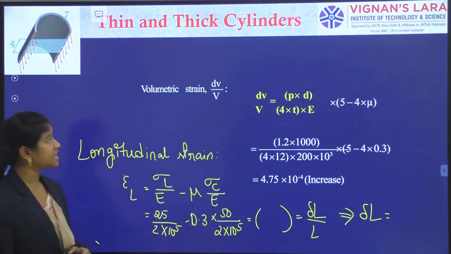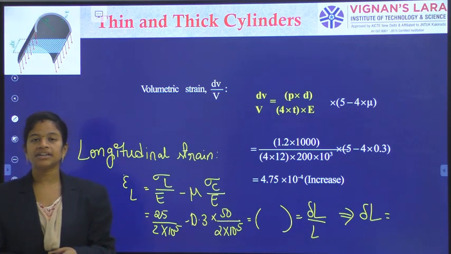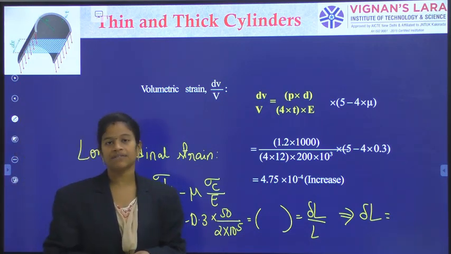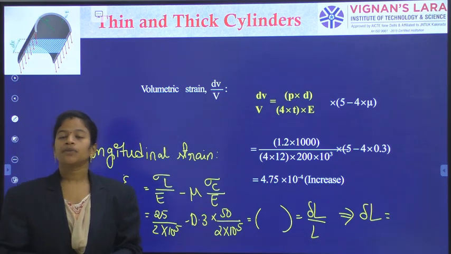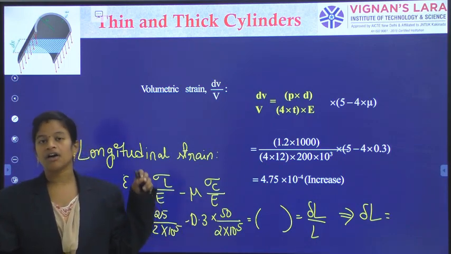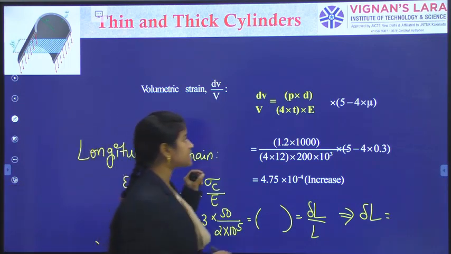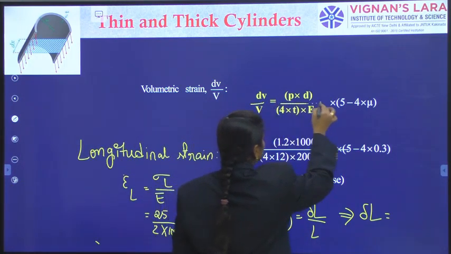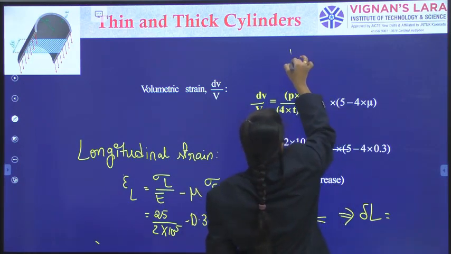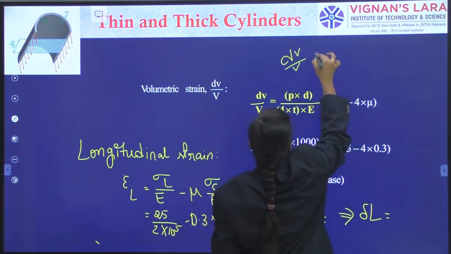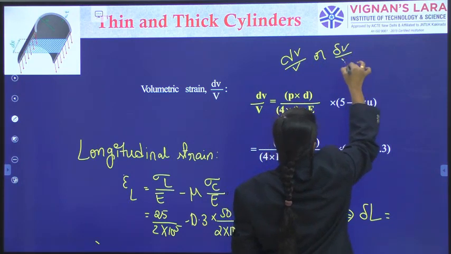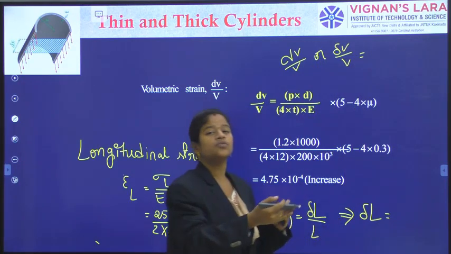The next thing is volumetric strain. The volumetric strain is equal to dV by V, or you can indicate delta V by V. Anything is the same, just change in volume by original volume.